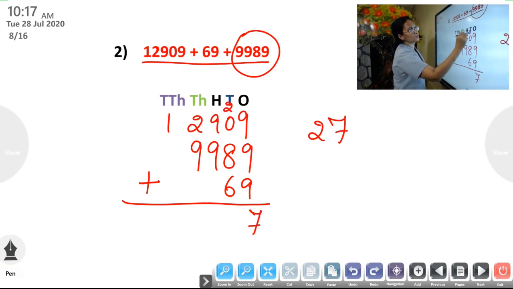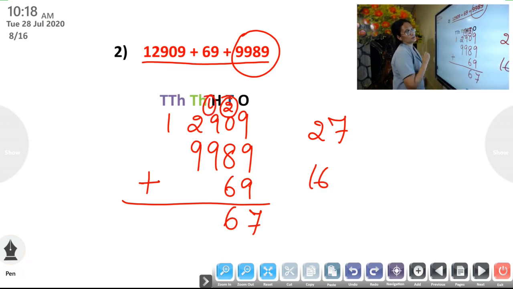Carry over is 2. Then 8 plus 6 is 9, 10, 11, 12, 13, 14. 8 plus 6 is 14. 14 plus 2 is 16. Okay, 6 here. Again, 16 gives one carryover.